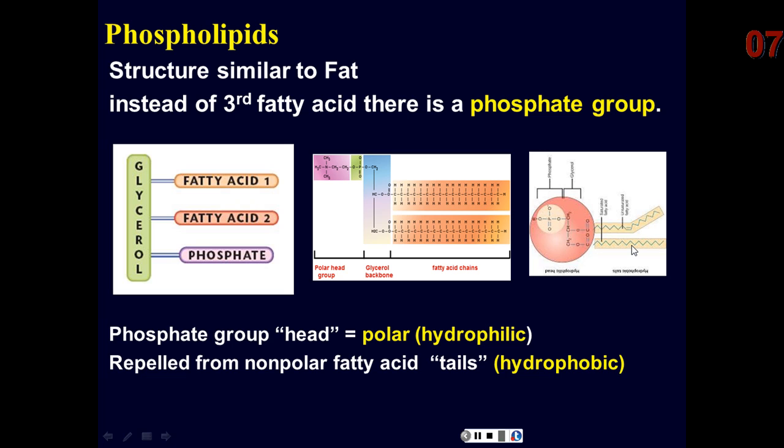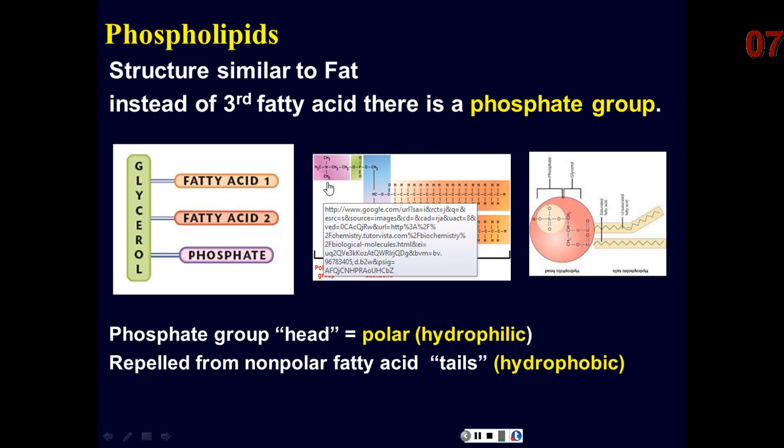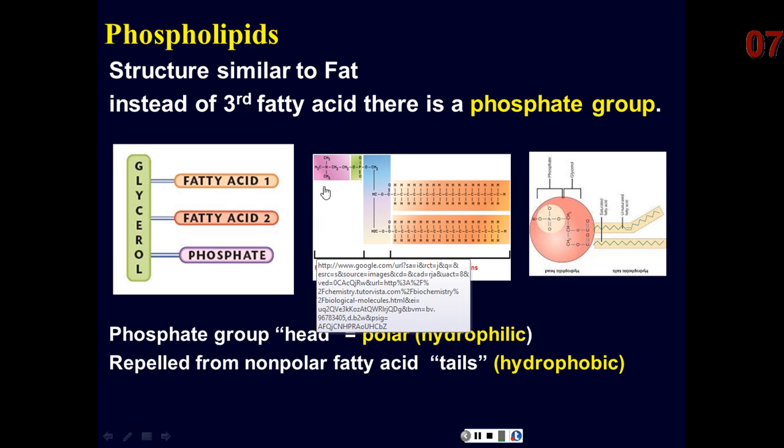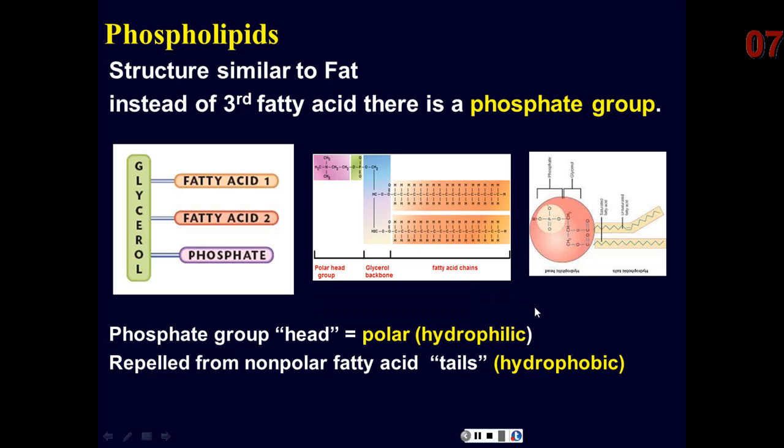And what has happened here is this phosphate group has bent, coming all the way around, trying to get as far away from the 2 fatty acid chains as possible. So they try to separate from each other because of the nature of the area of the molecule.